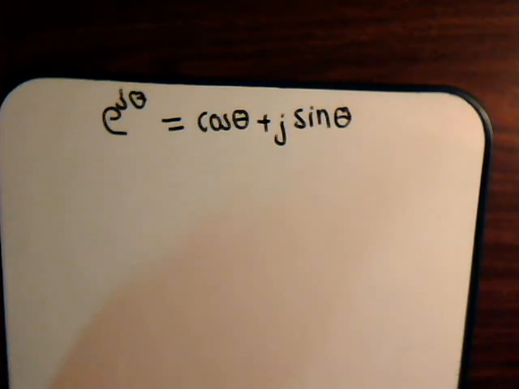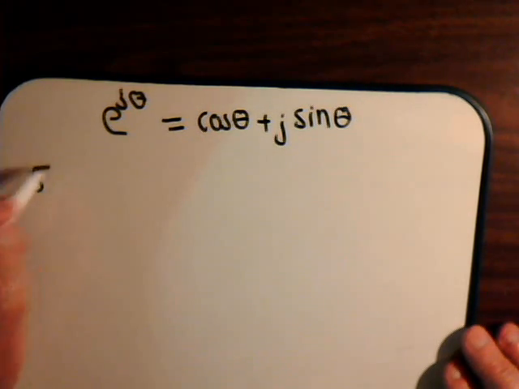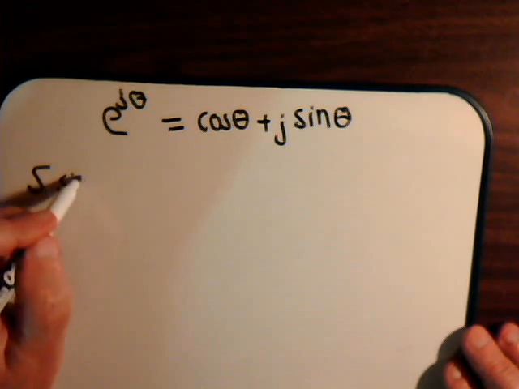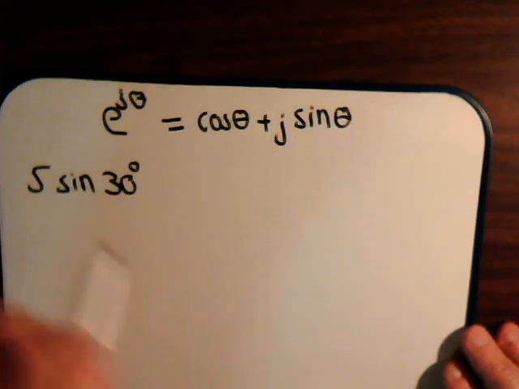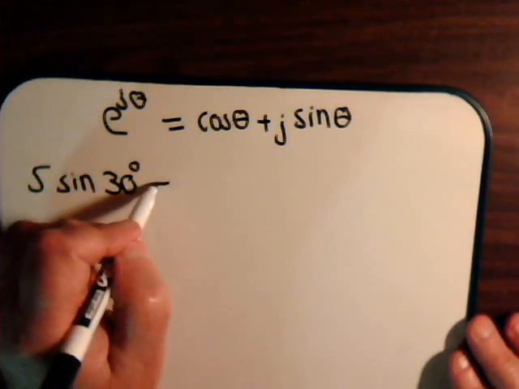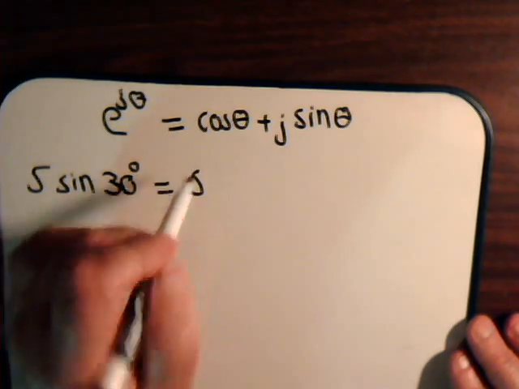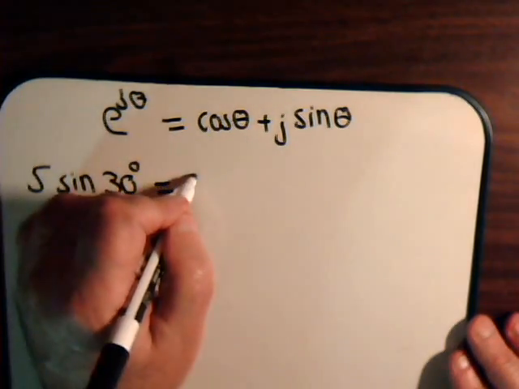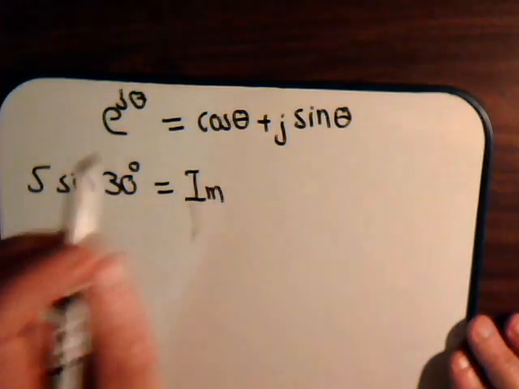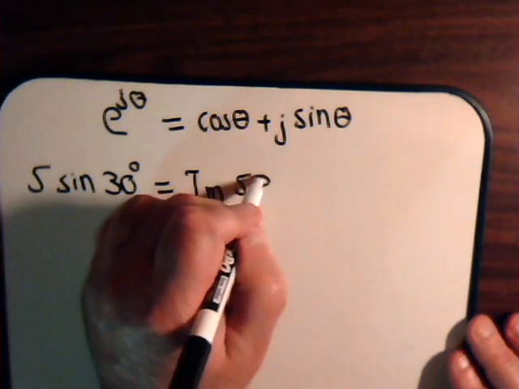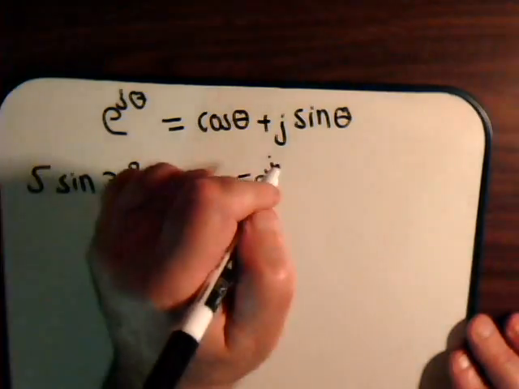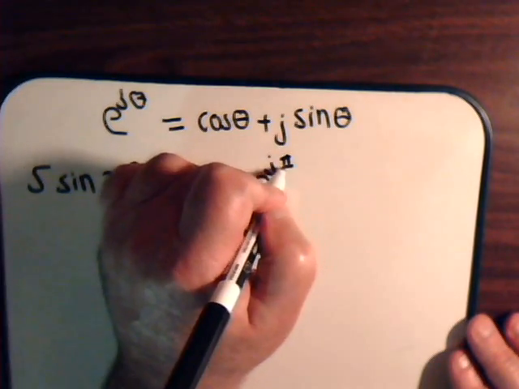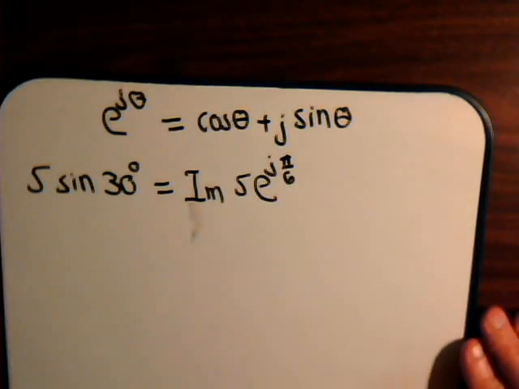So again, if we had some alternating current, say it was 5 times the sine of, say, 30 degrees, we could say, well, that would be the same thing as the imaginary component of 5 times e to the j. We can't say 30 degrees now. This has to be in radians, so this would be pi over 6. Pi over 6 is the same thing as 30 degrees.